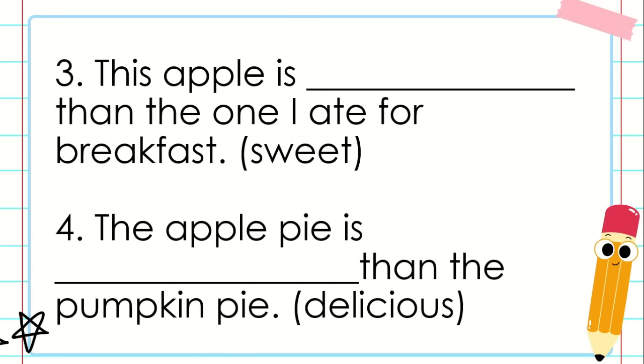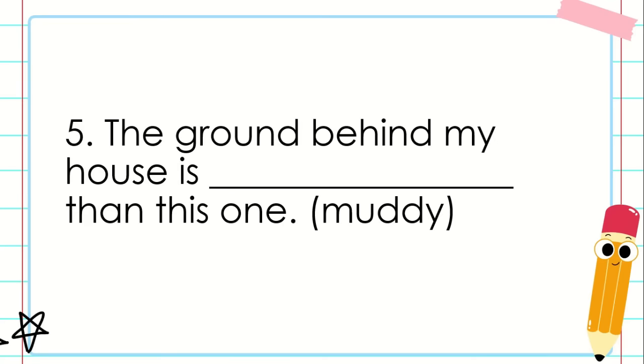This apple is blank than the one I ate for breakfast. The adjective is sweet. Number 4. The apple pie is blank than the pumpkin pie. The adjective is delicious. Number 5. The ground behind my house is blank than this one. The adjective is muddy.